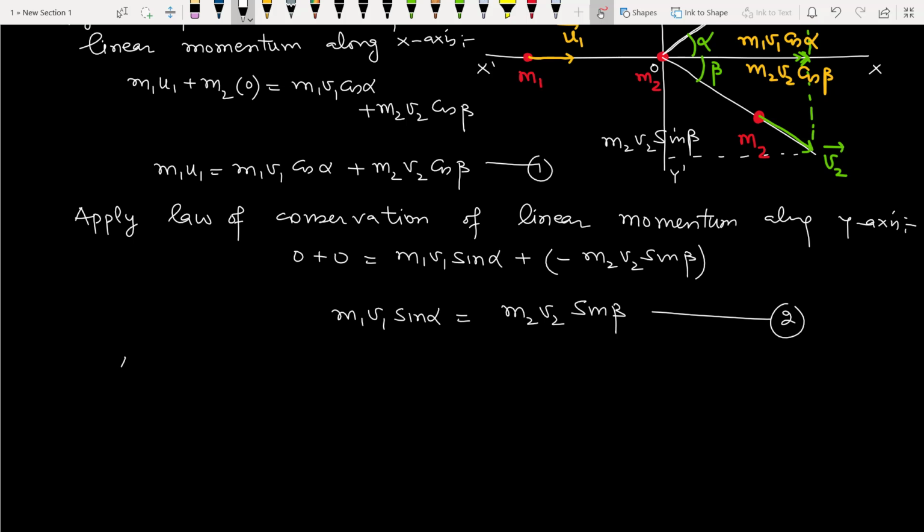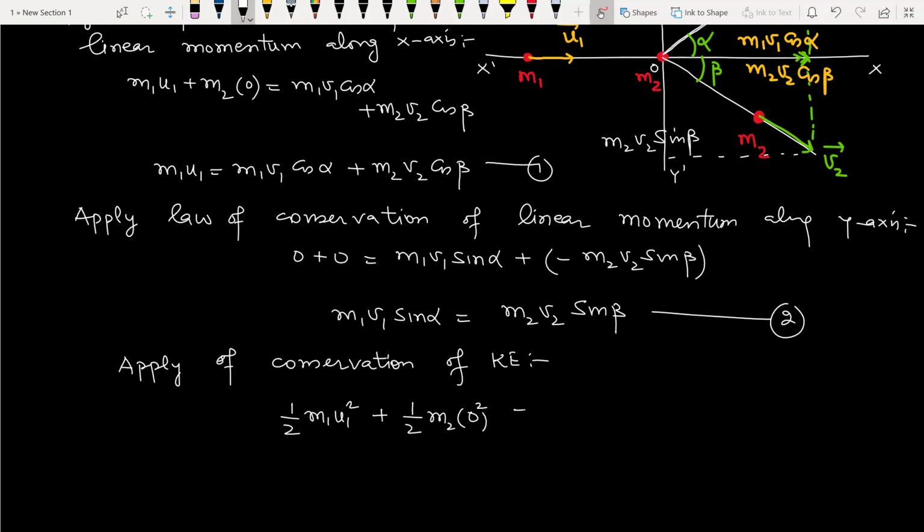So now we apply the law of conservation of energy to the total system. Because it is an elastic collision, kinetic energy will be conserved. So initial kinetic energy is half m1 u1 square, plus half m2 times initial velocity 0, equals half m1 v1 square plus half m2 v2 square.